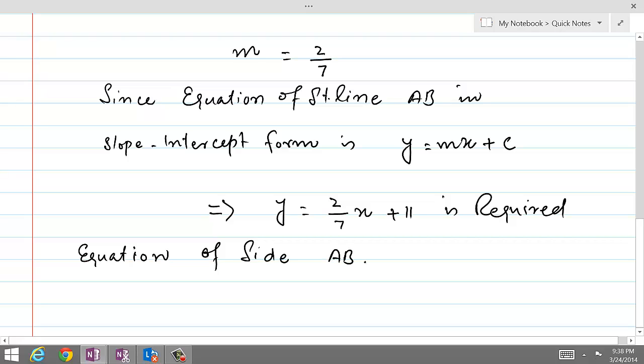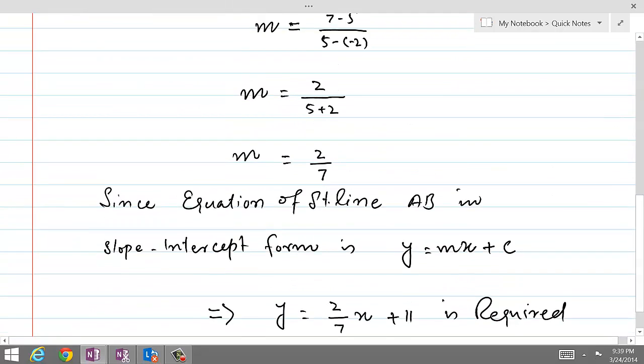This is how we take advantage of a line being parallel to another line, because both have the same slope. So we calculate the slope of the other line and use that slope for the line for which we require the equation. So this is a very good technique.